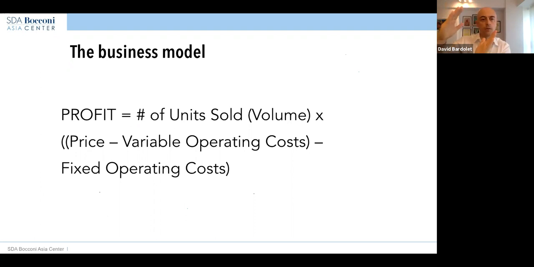I'll buy this much raw material for this many units that I sell. But the fixed cost I cannot touch. So it's always worth, and as you start studying financial reporting and financial accounting, you will see that that distinction is crucial: differentiating the variable versus the fixed.